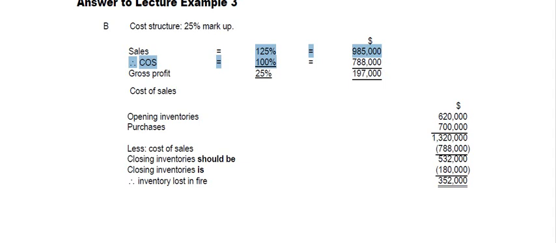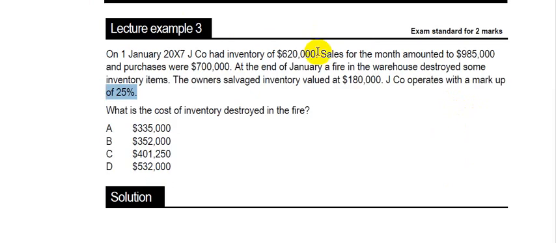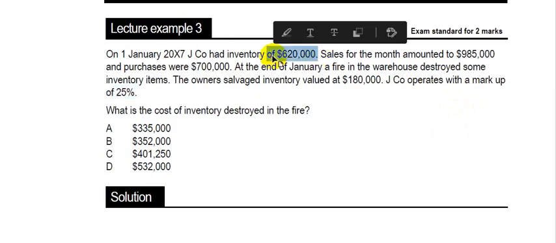We can now substitute the cost of sales of 788,000 in the cost of sales formula. The opening inventory was given as 620 and the purchases are 700.